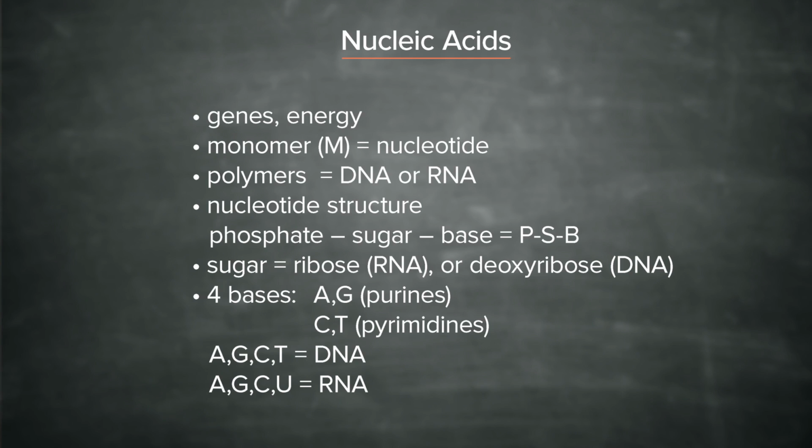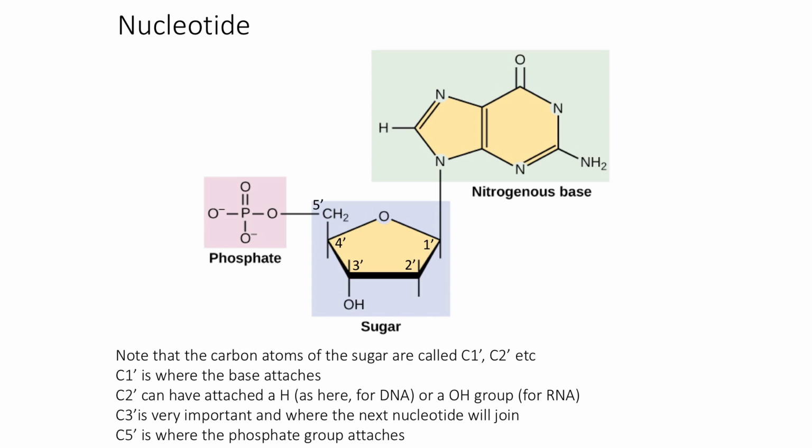Let's look at a slide to give you a better sense of nucleic acid structure. Here's a diagram of a nucleotide. This is a particular nucleotide, doesn't matter which right now. You can see the phosphate group, highly electronegative there. Phosphate with 4 oxygens, covalently bonded to one of the sugar carbons.